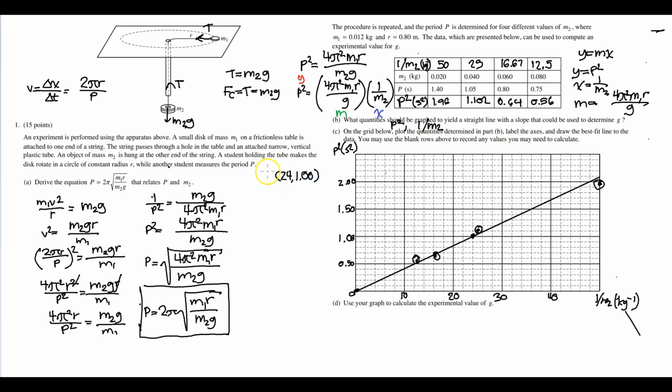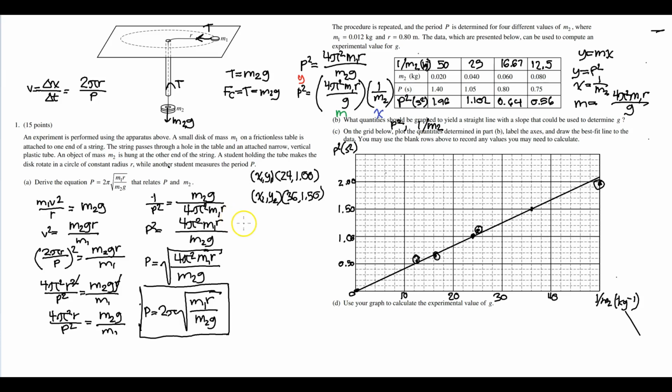So that's x1, y1. Now x2, y2. Let's find another point that goes right through. I'll choose this one right over here. 32, 34, 36. So 36 and 1.50. It's a pretty neat relationship. It's a pretty good line.